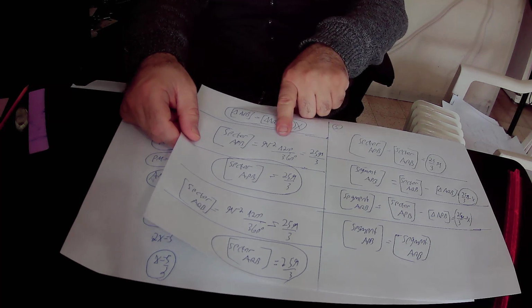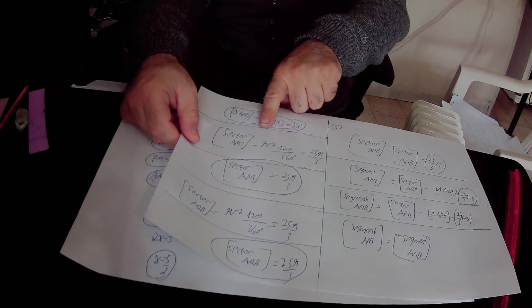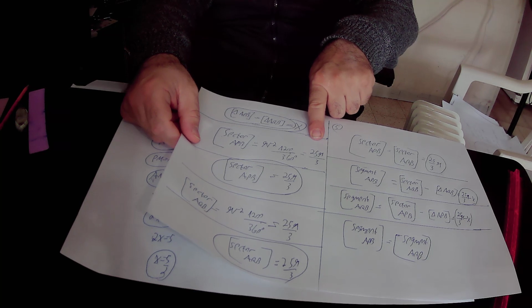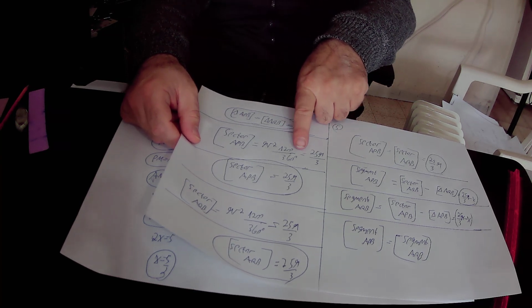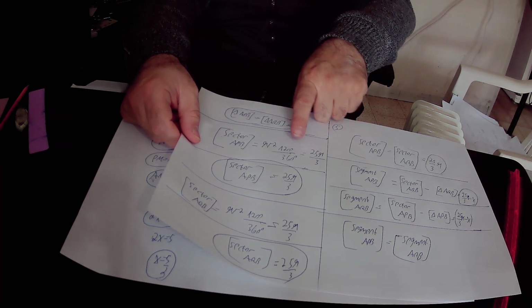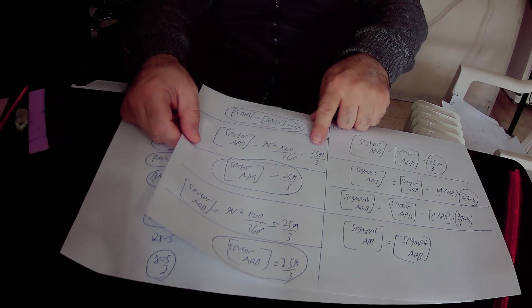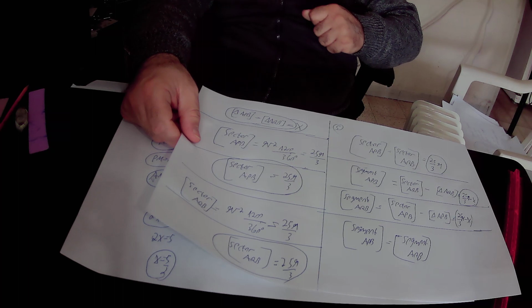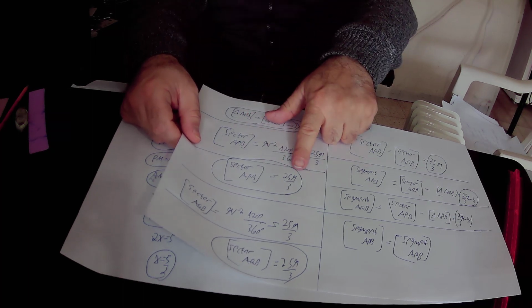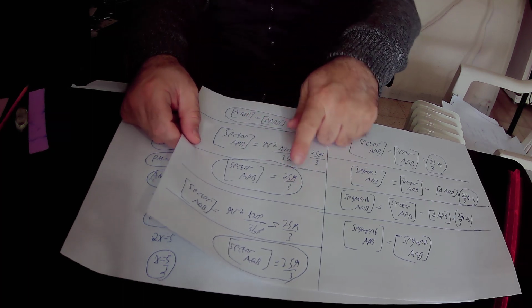R equals 5, so r squared is 25. So in the numerator we have 25 pi, and 120 degrees over 360 degrees is 1 over 3. So in conclusion, the area of sector APB equals 25 pi over 3 square units.